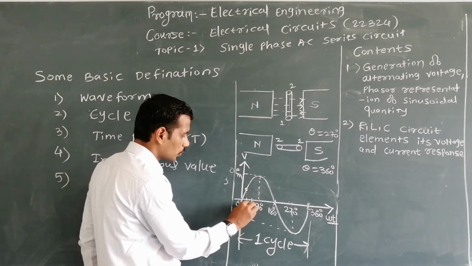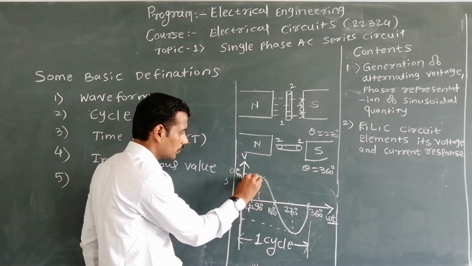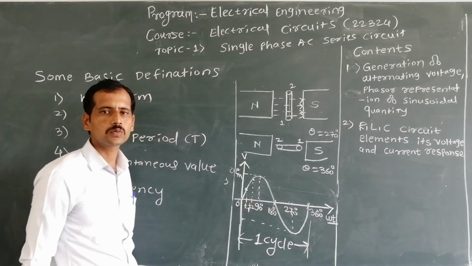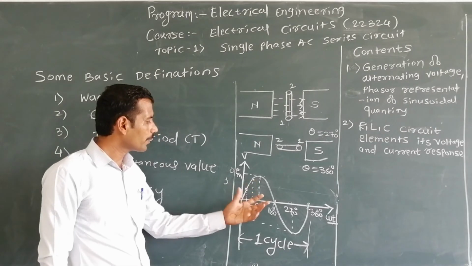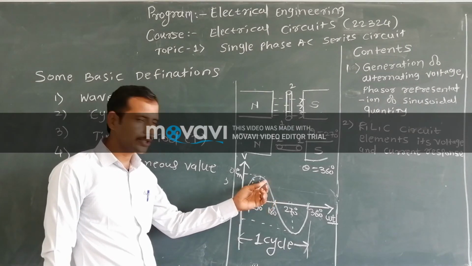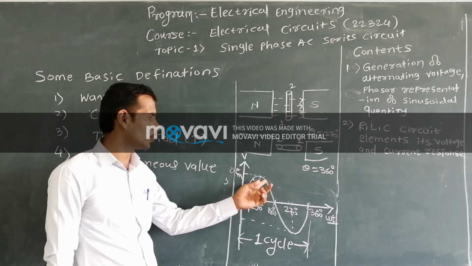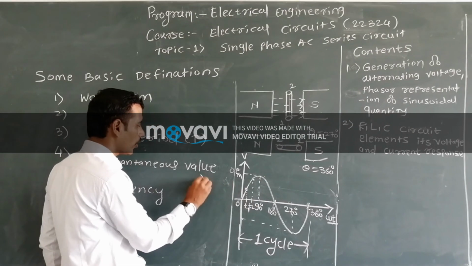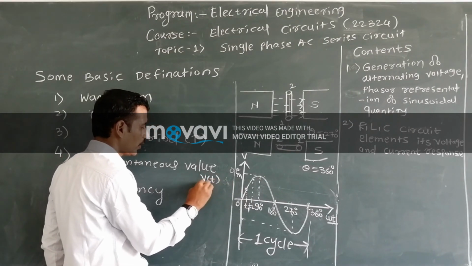Again at t2, at this instant whatever the value, that is known as instantaneous value. Generally it is denoted by v of t or e of t.